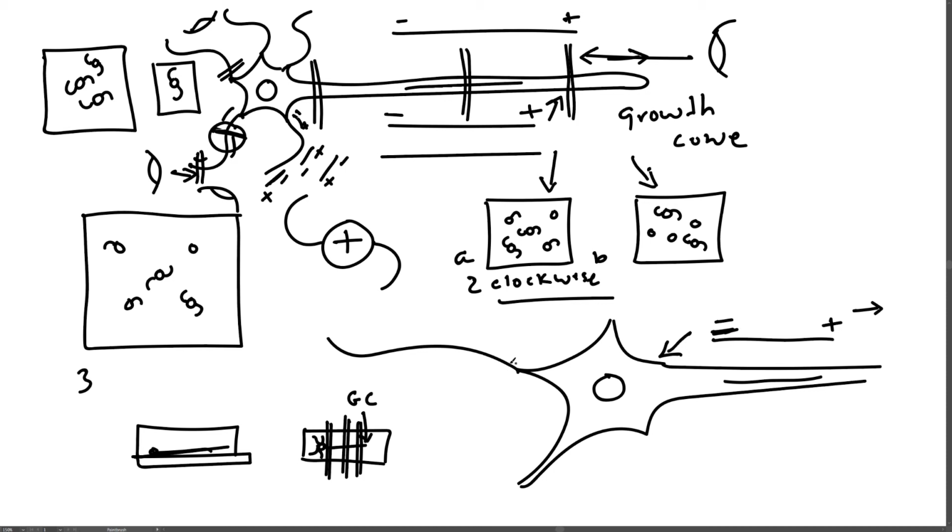In the dendrite, in this region here, the microtubules are set up so that the minus end faces the cell body, and the plus end faces the tip of the dendrite. At the tip, the microtubules are set up so that the minus end faces the cell body, and the plus end faces the tip.